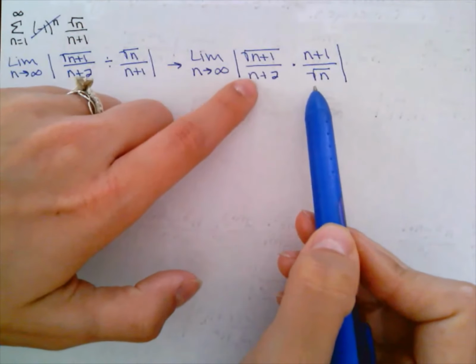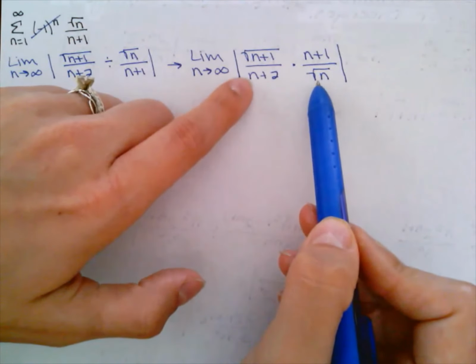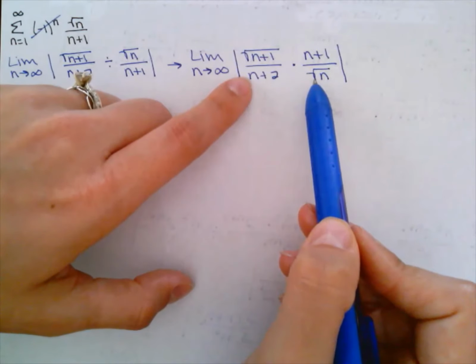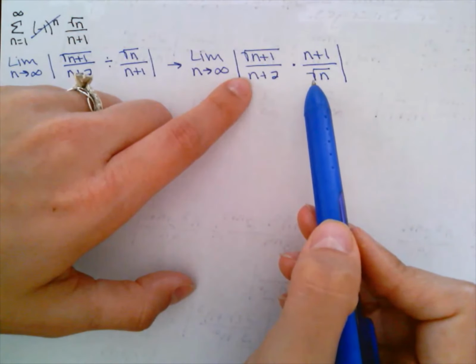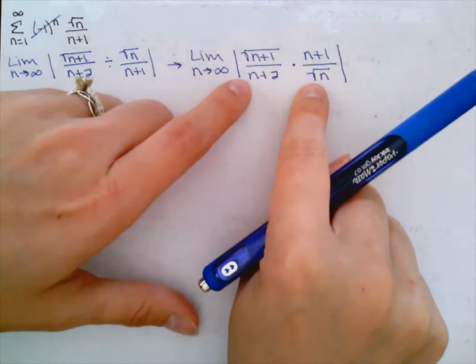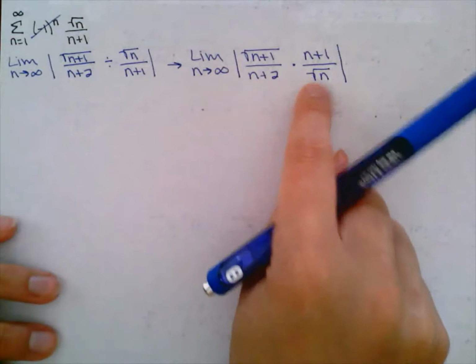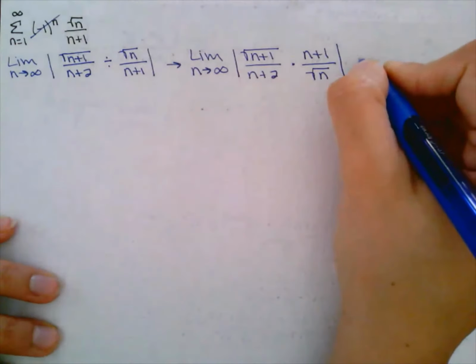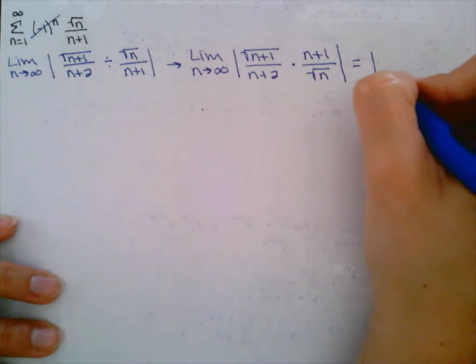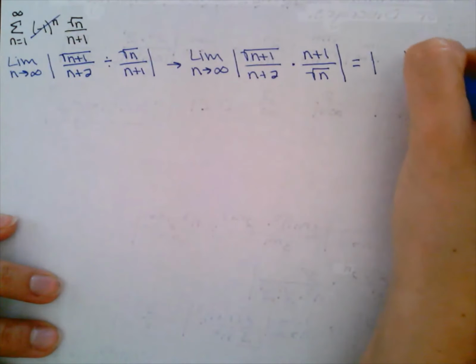And in the denominator will also be n to the 1/2 times n to the first, meaning that my highest exponent is going to be the same in the numerator and in the denominator. So by horizontal asymptote rule, I can look at what the coefficient would be. Well, if my coefficient is 1 and 1 and 1 and 1, it means when I multiply all those ones, I'm just going to get 1 over 1, which is 1. And I know that when the answer of this is 1, I have no conclusion.